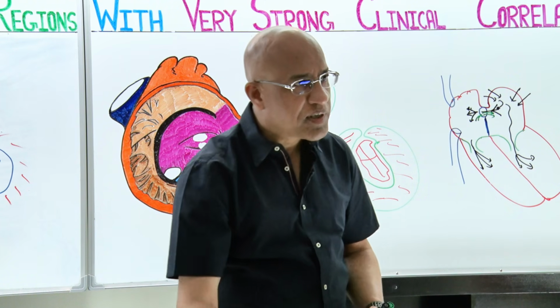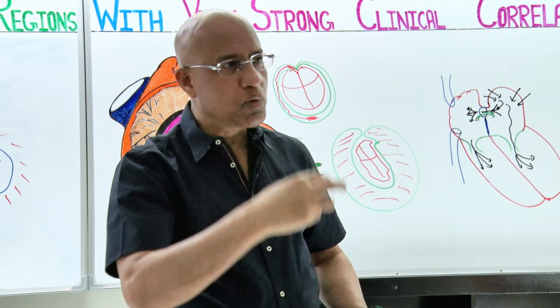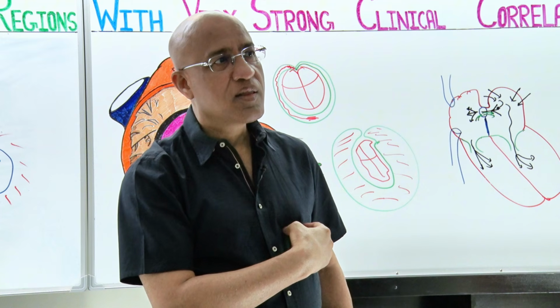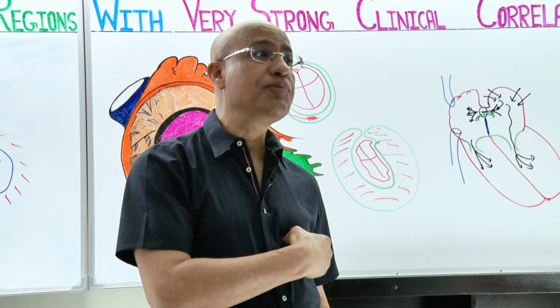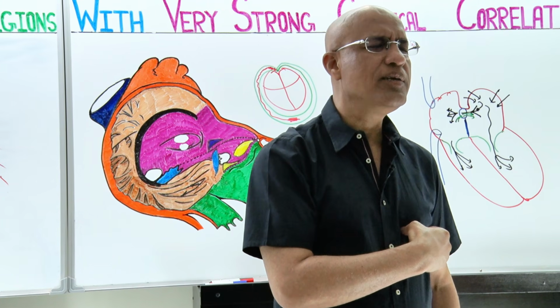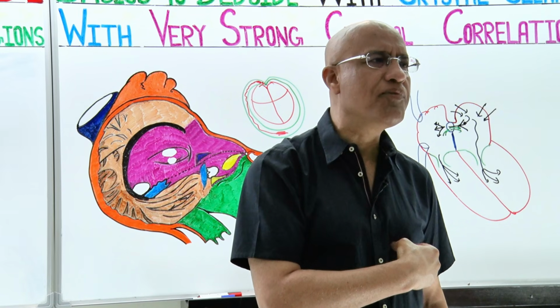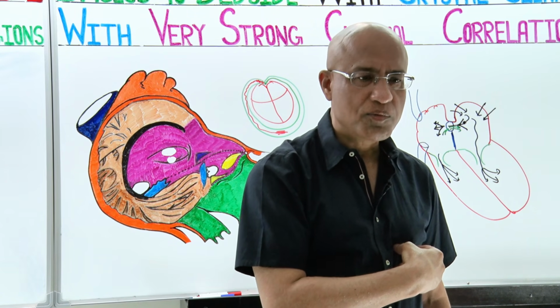So falling blood pressure and rising jugular venous pressure, and if you auscultate, the heart sounds are either not audible or as if they are coming from Mars, as if they are very distant and muffled heart sounds.